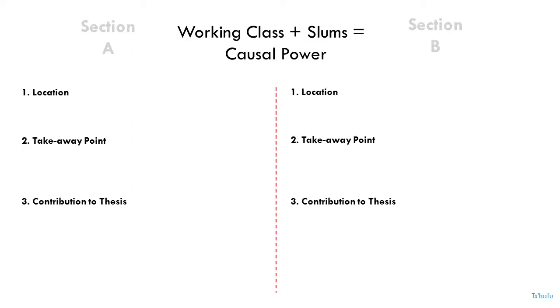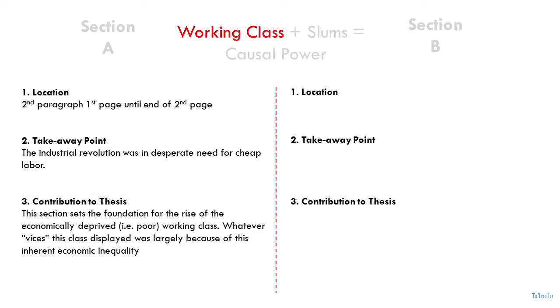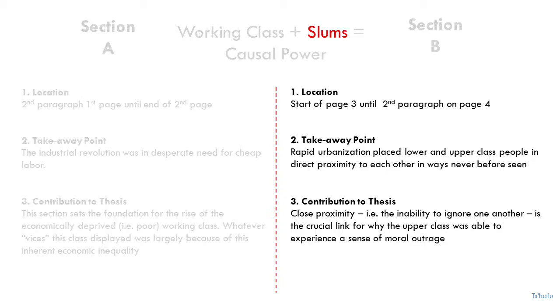And so that is how we framed our sections, right? So in section A, we had the location, but the takeaway point being that the Industrial Revolution was in desperate need for cheap labor. And that in turn allowed us to lay the groundwork for a larger picture. And that is that whatever vices this class may have displayed that ultimately sort of causes the moral outrage, well, that is largely attributable to the economic inequality. And the same thing we do for section B. Now here we're talking about slums.